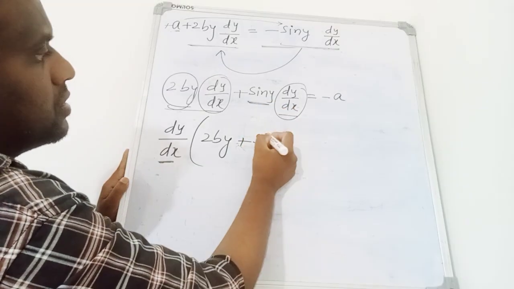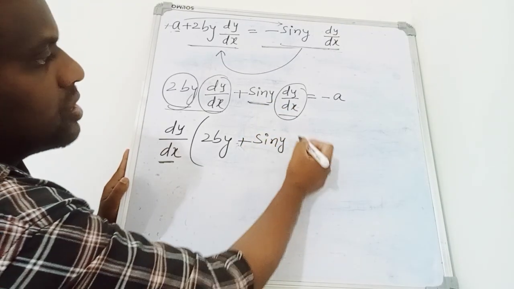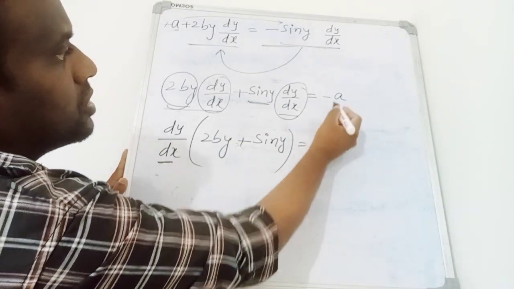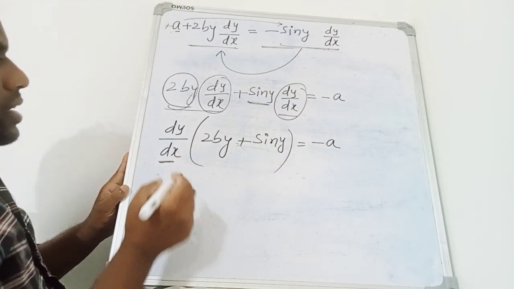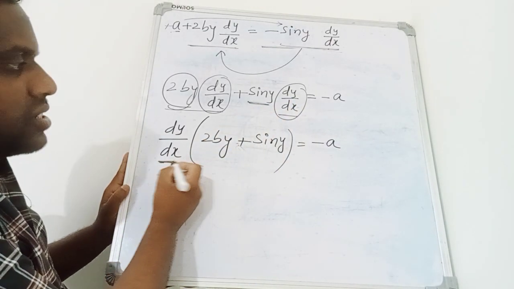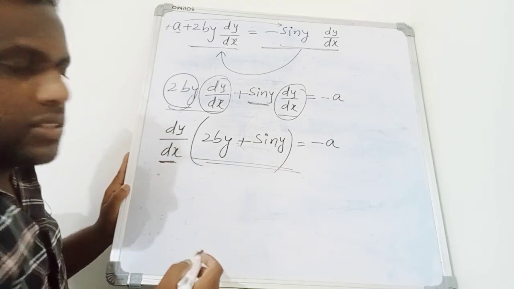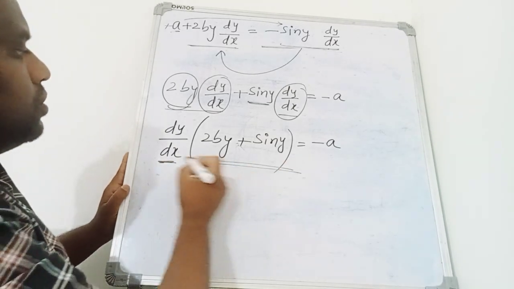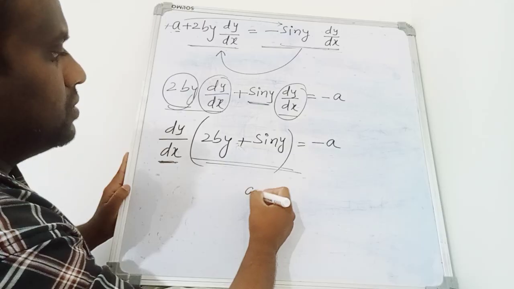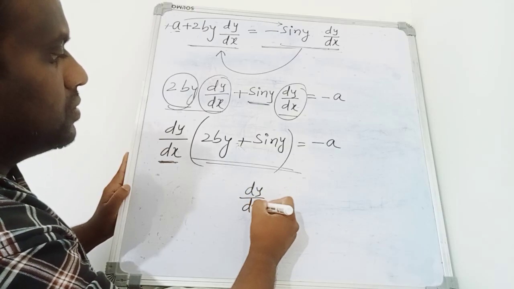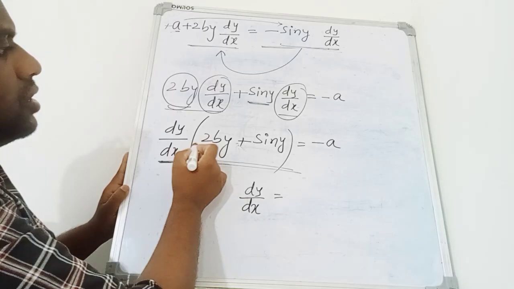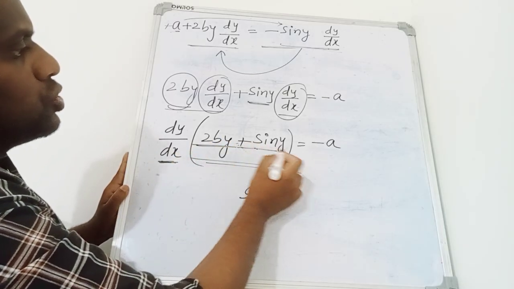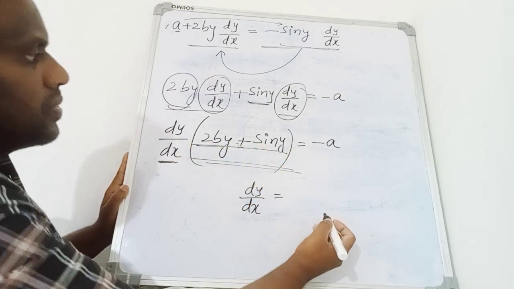Sin y. Close the bracket, is equal to this minus a. Next, we want dy by dx. We don't want this, so this dy by dx you write here.